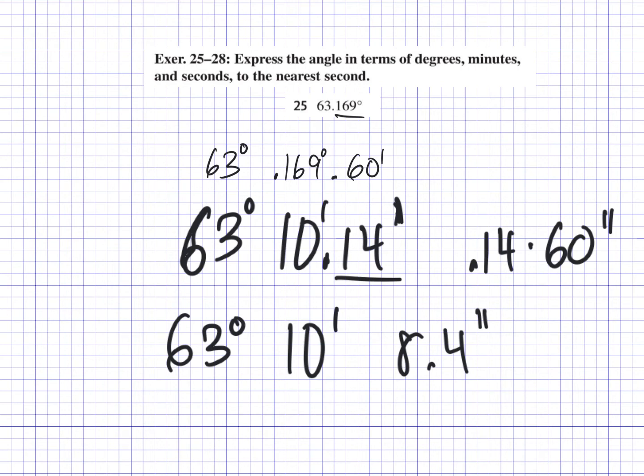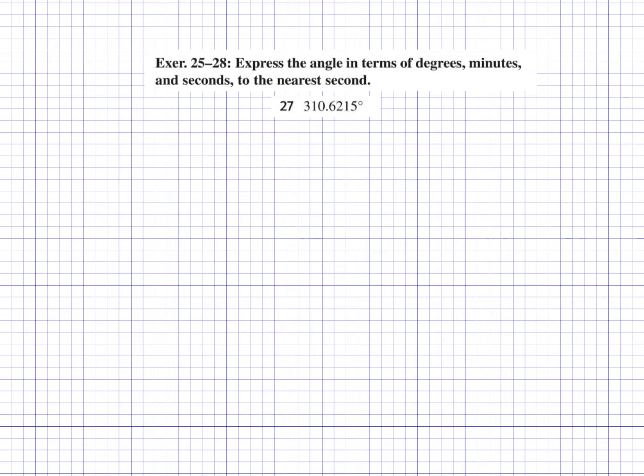Let's see here. All right, going now this one, we have 310 degrees. So take 0.6215 times 60 to get minutes. I'm going to split the screen, which you can't see, but that's what's happening here.